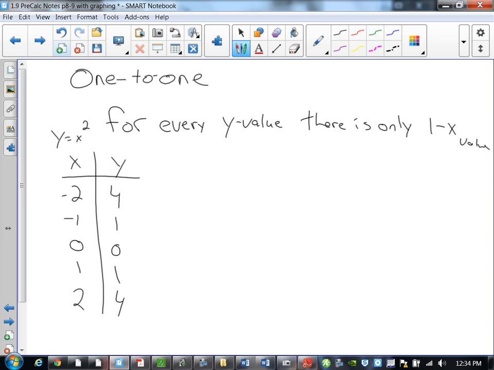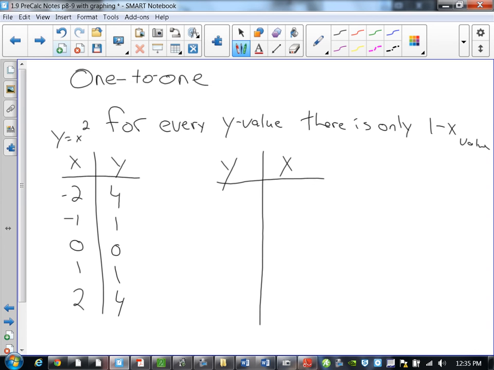For every value in my x column there exists a y. I want to make sure I flip them the right way so I don't mess you up here.